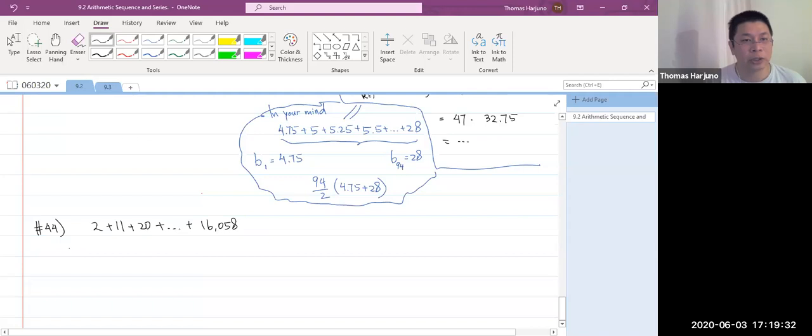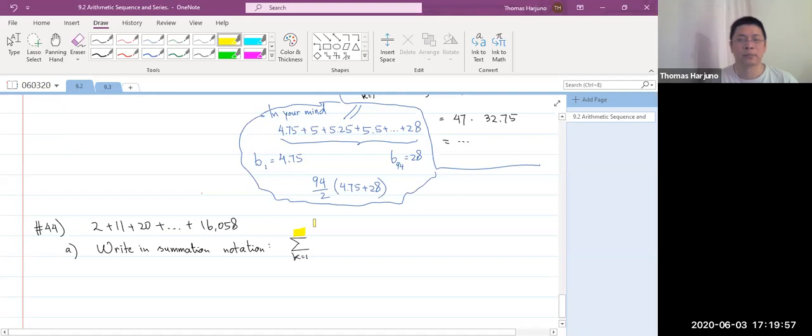First challenge is to write it in summation notation. The summation notation will be, our k will be from 1, but we still don't know this yet. Then it will be a sub n here, right?